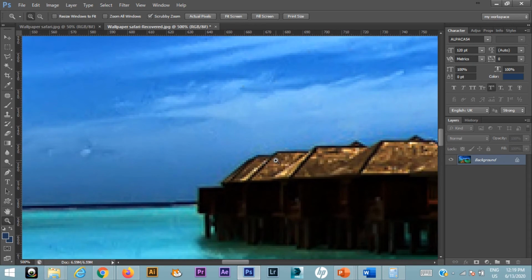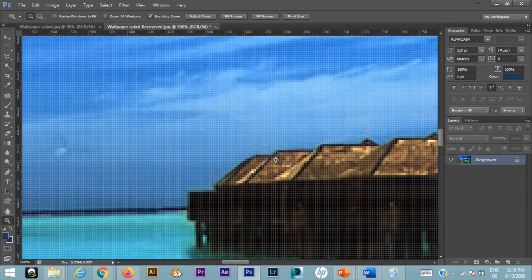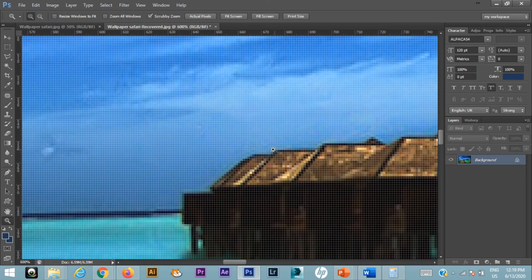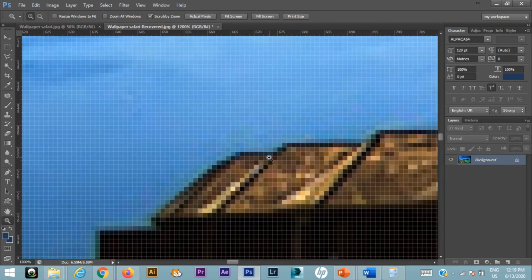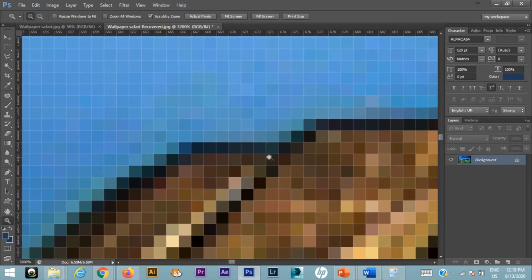Our picture contains pixels. They are made up of pixels. The more I click, can you see the boxes showing gradually? Now you should be able to see the boxes by now. So each box here is a pixel. All pictures are actually made up of pixels.